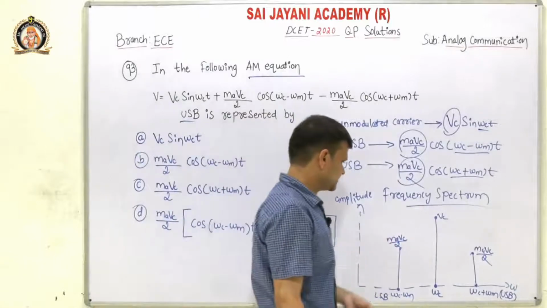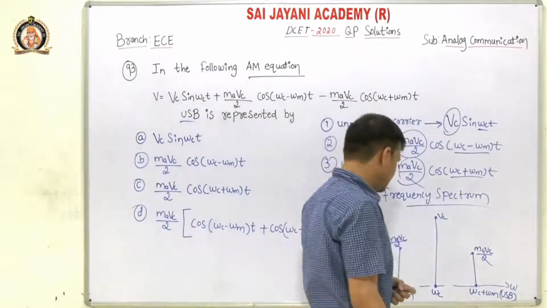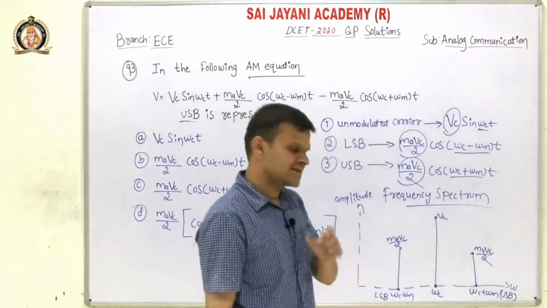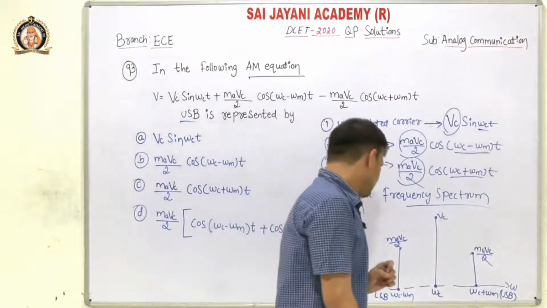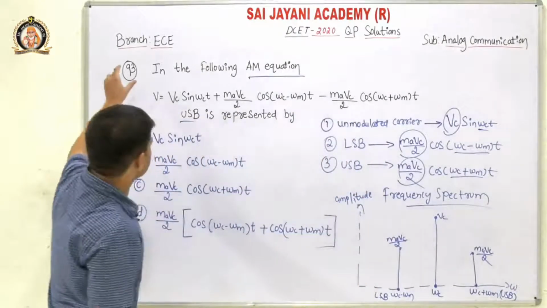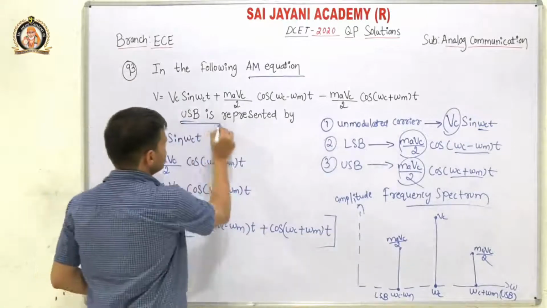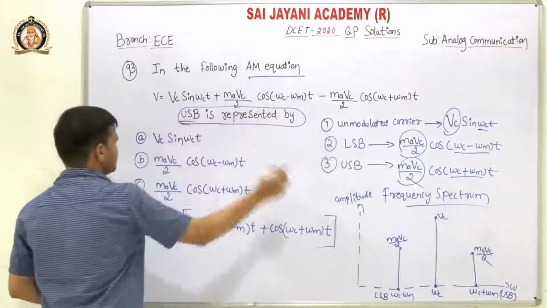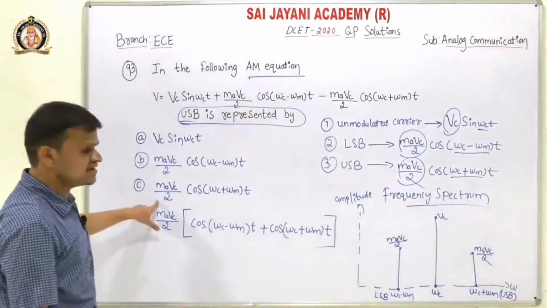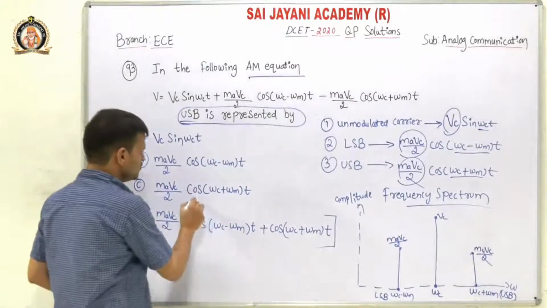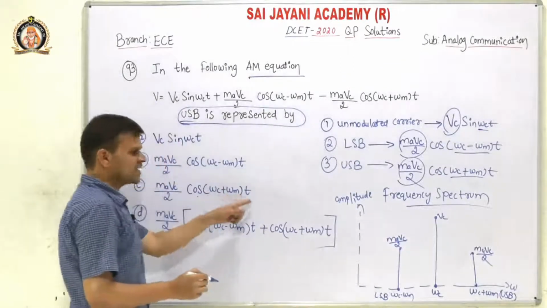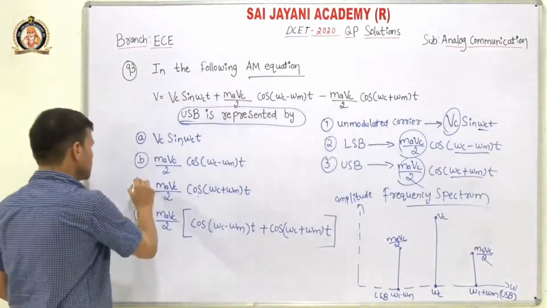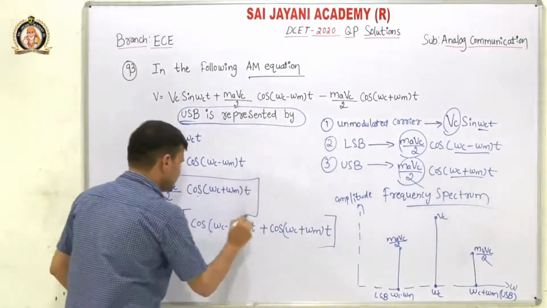Here MA represents the modulation index and VC represents the carrier voltage amplitude. So for question number 93, the USB signal is represented by MAVC divided by 2 into cos omega C plus omega m into T, that is option C, the right option.